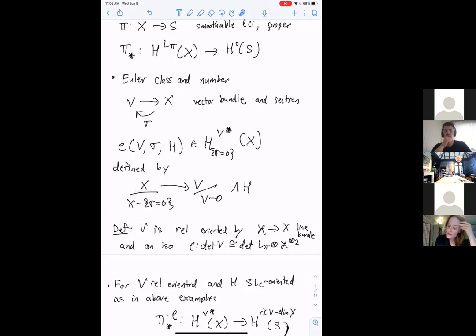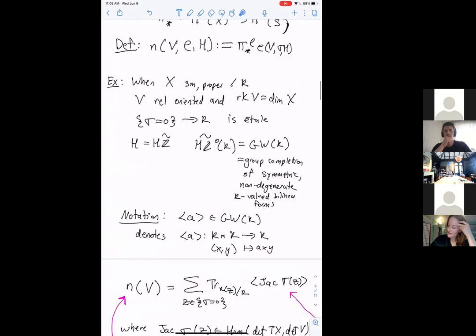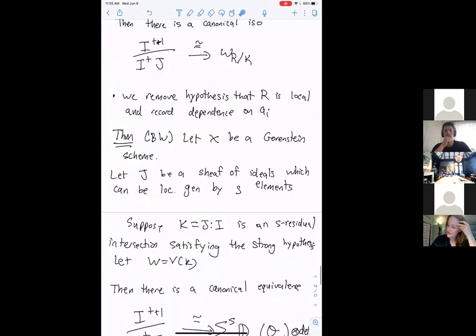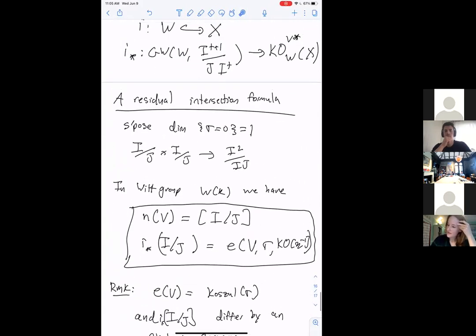So we could just say for X anything, it has some sort of functor by the Yoneda embedding, and we could stick it in and use these representable things. But let's go down here. For this, let's suppose X smooth.